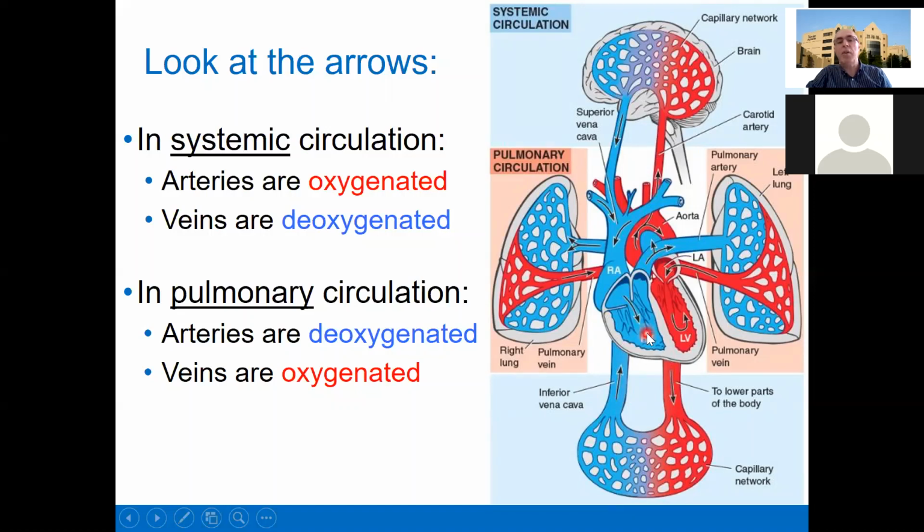From the right ventricle it is transferred to our lungs through the pulmonary artery and oxygenated there, and this oxygenated blood comes back through the pulmonary vein into the left atrium and then the left ventricle. From the left ventricle, this oxygen- and nutrient-rich blood is transferred to our entire body through the aorta.